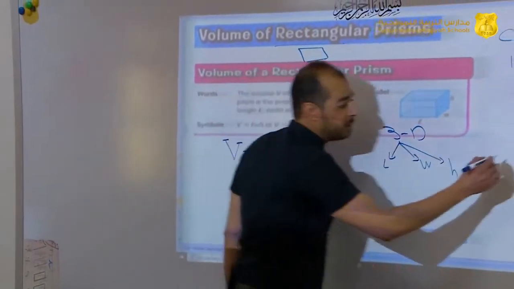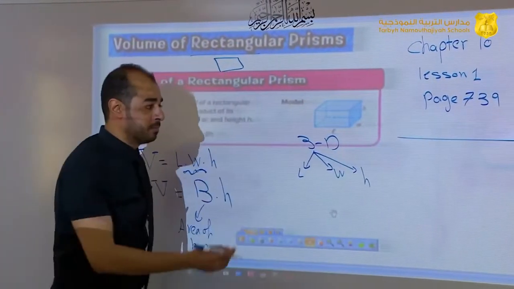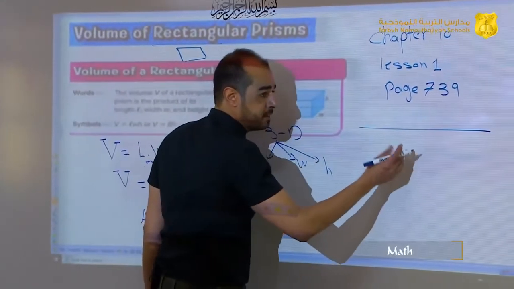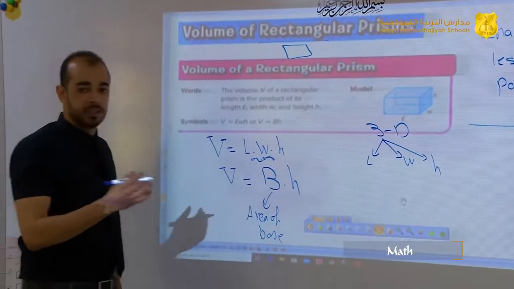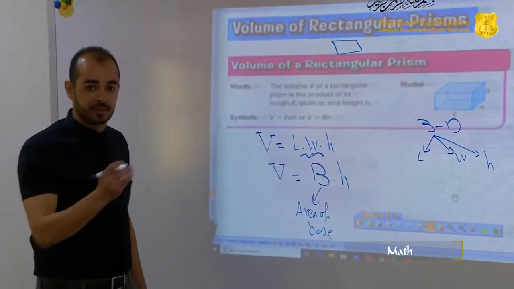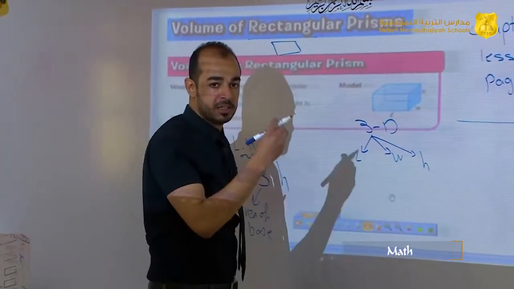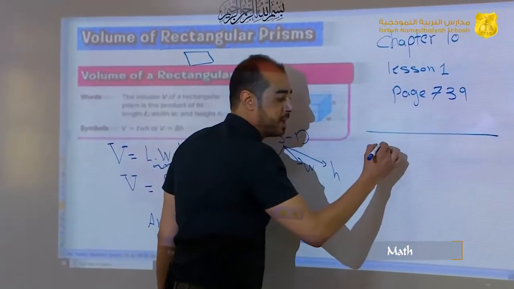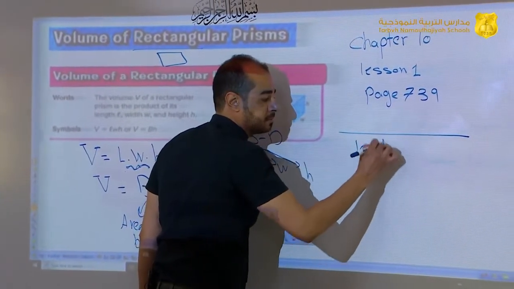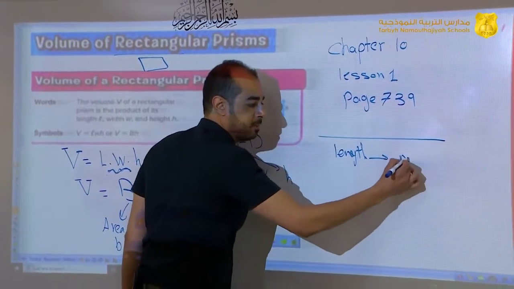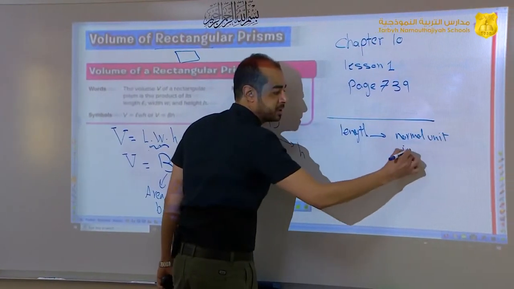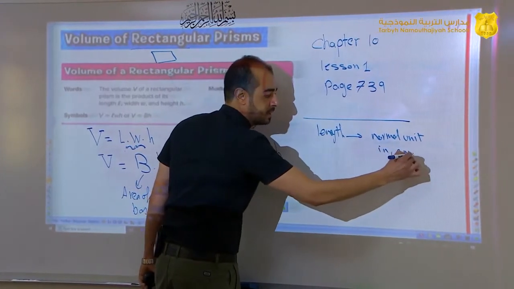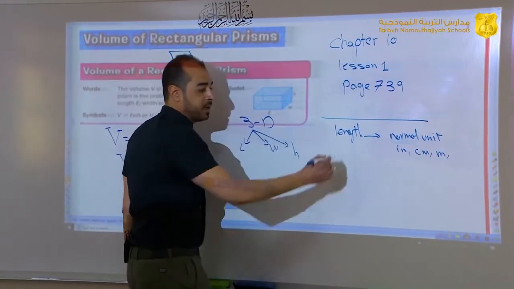Now, what about the unit? As you know, to calculate perimeter, area, and length, all these dimensions are given in units: centimeter, meter, inch, feet. If we get a length, it's given in a normal unit, like inch, centimeter, meter, and so on.